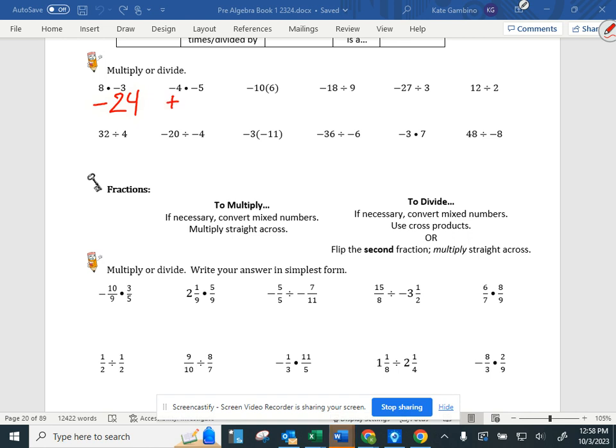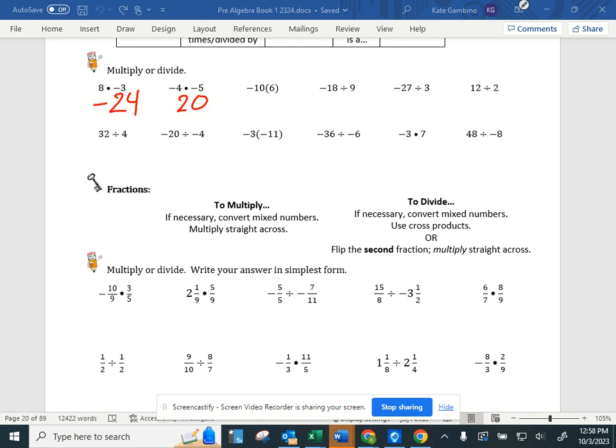I don't have to write the positive sign. We know that if it's just an integer written, it is a positive. So I don't have to write a sign there. Then I do my math. Grayson, what is 4 times 5? 20. Okay, so always check your sign first. Is your answer going to be positive or is it going to be negative? Then do your math.